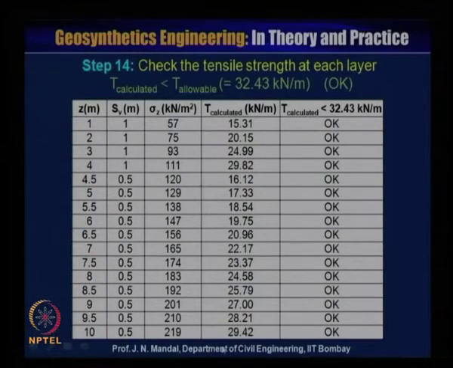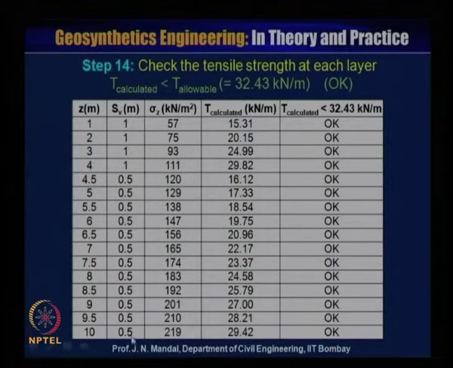So the T calculated value should be less than the T allowable value, that means 32.43 kilonewton per meter. If it is less than the allowable value 32.43, that means it is okay. So this design is okay.